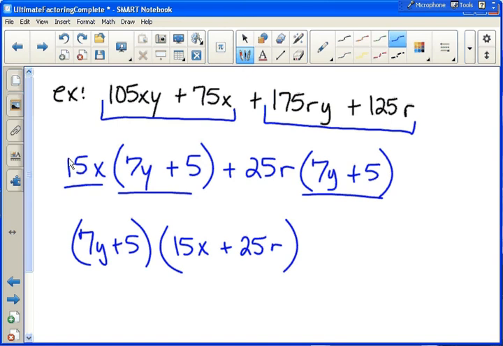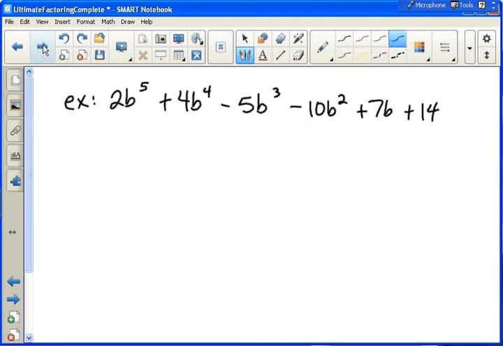Okay, now we have 6 terms, and I believe this is the last example. When you have 6 terms, you may need to split them up into 3 pairs, or possibly make it 2 sets of 3. Now, here's the way I would suggest you look at it. Let's just try 2 sets of 3.